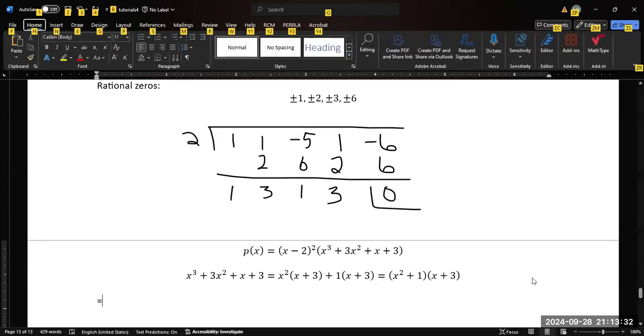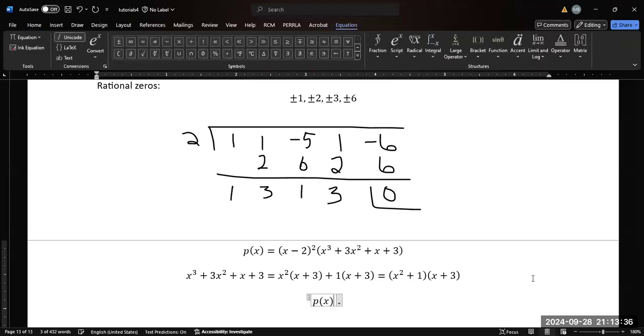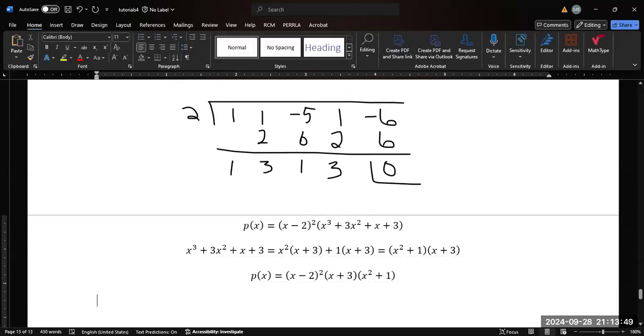And so my final fully factored version is x minus 2 squared times x plus 3. There's my negative 0, and x squared plus 1 turns out to be complex.